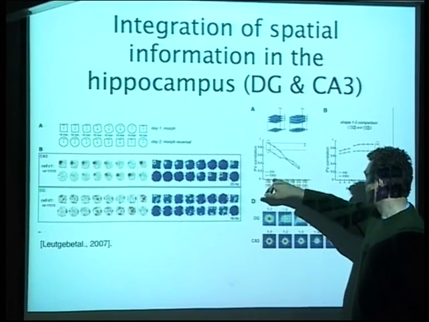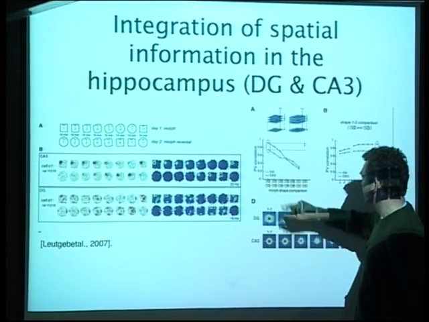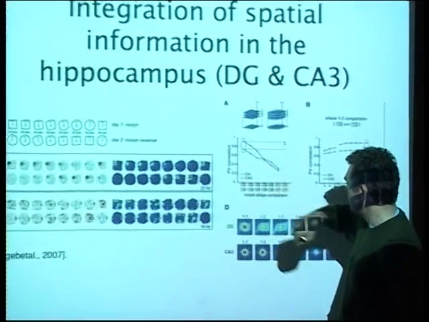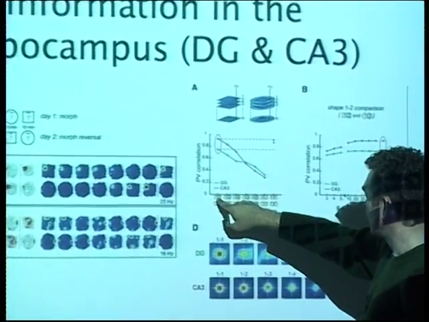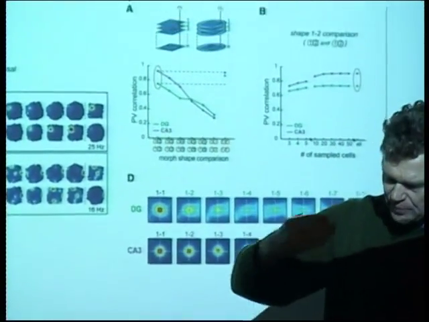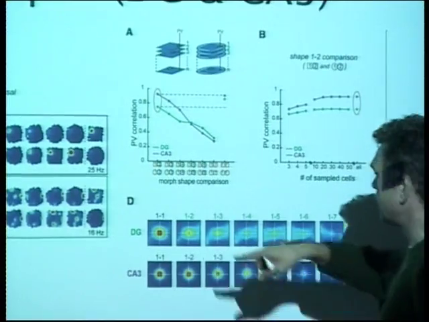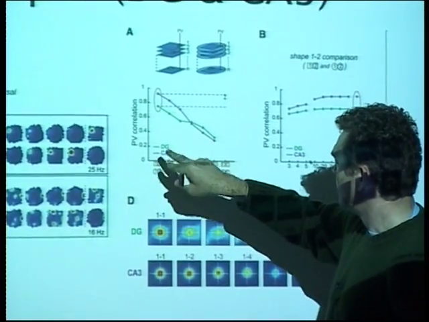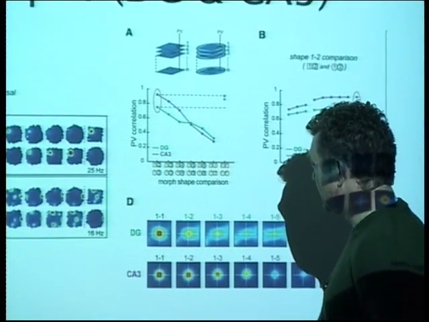So in CA3 we see a rather smooth decline, but in the dentate we already see a lower population vector correlation at the first step. So the impact of this correlation, the similarity between the population response as we morph the environment, is much stronger for dentate as it is for CA3.